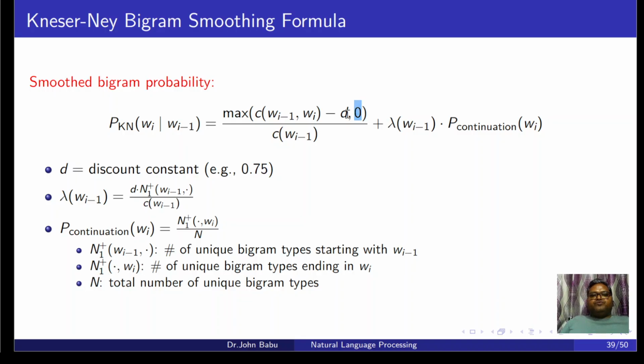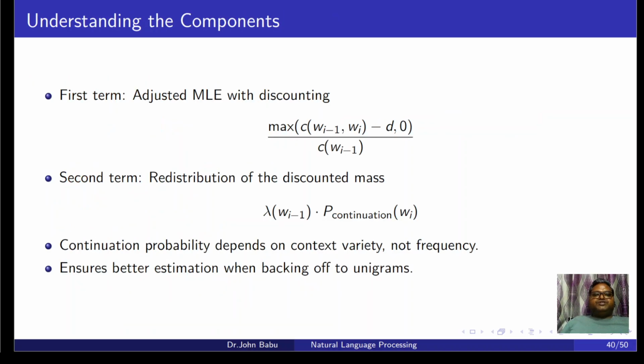Then we add lambda times the probability of continuation, where lambda is the factor multiplied with the probability of continuation, the context in which it is calculated. So here we'll see this in detail.